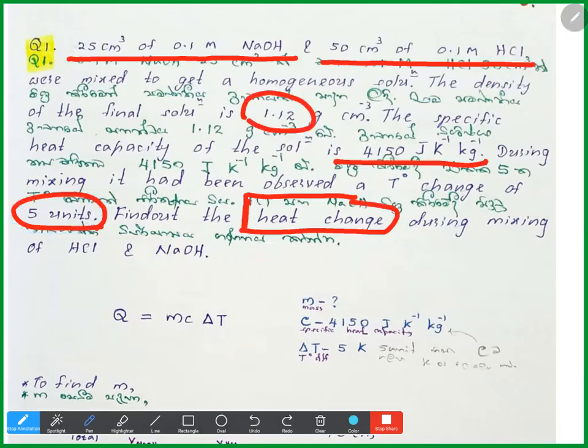The next part is specific heat capacity. That's given as 4,150 joules per Kelvin per mole. That's also then solved. Then the next parameter we need is the mass.